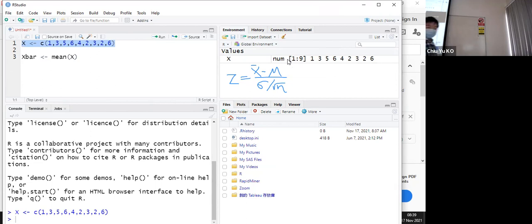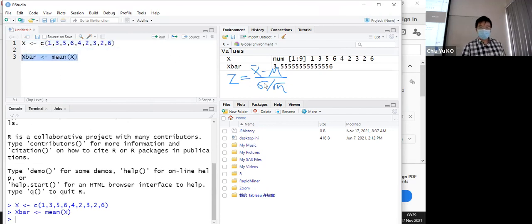The second thing is we calculate the X bar, which is the mean. For this particular case it is 3.5555556. It doesn't really have to be this; I just printed random numbers. Now the next thing is we need to know mu. Mu is given, so we can put it at the beginning.